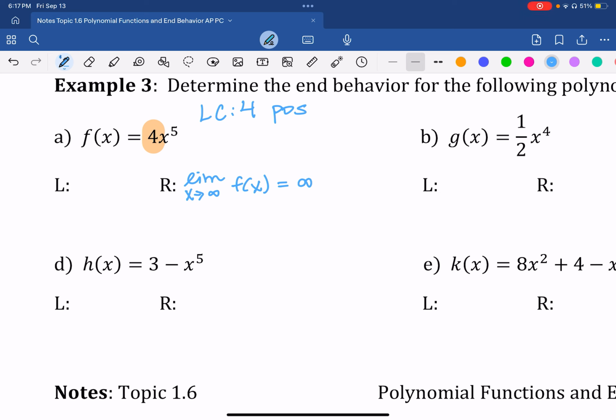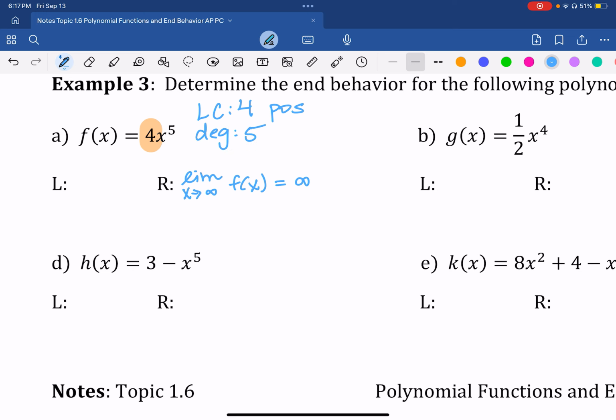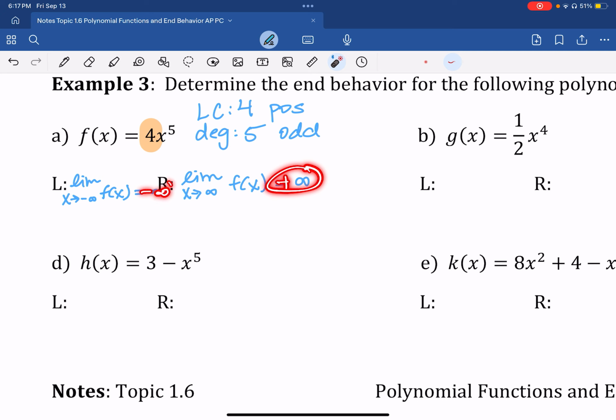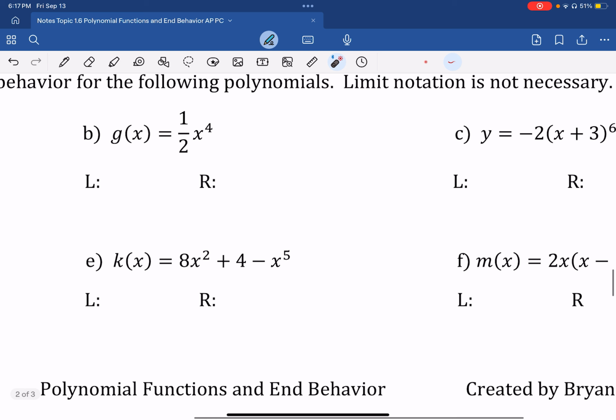So always do the right side first. After you do that, you're going to figure out what your degree is. The degree was 5. 5 is an odd number. That means that the left side will be opposite of the right. So I'm going to write the limit as x approaches negative infinity, f of x equals negative infinity. Okay? So because on the right side we went up to positive infinity, this has to be the opposite, negative infinity. Okay? Let's try another one.